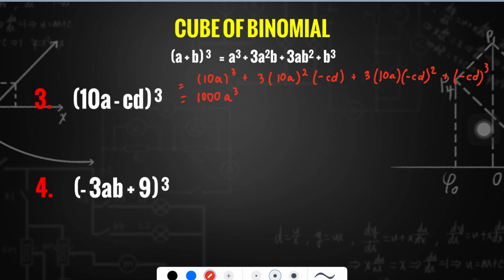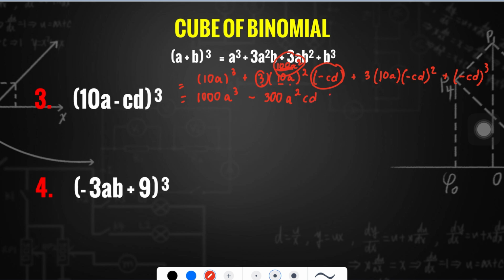And then this one, 3 times 100a squared. Correct? 10 squared is 100, a squared is a squared. So 100a squared, and then negative cd. If I multiply 3 times 100a squared times negative cd, that's negative 300a squared cd. Hope that's clear.